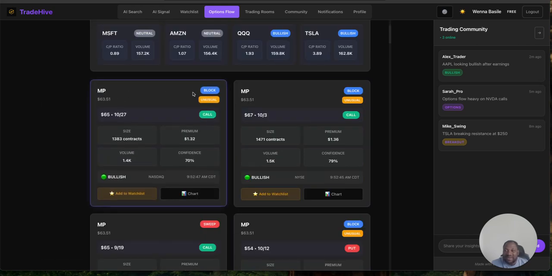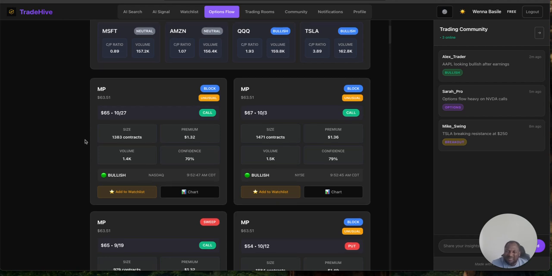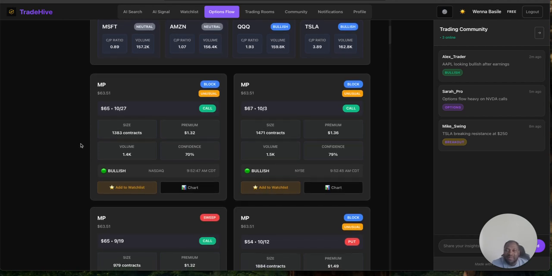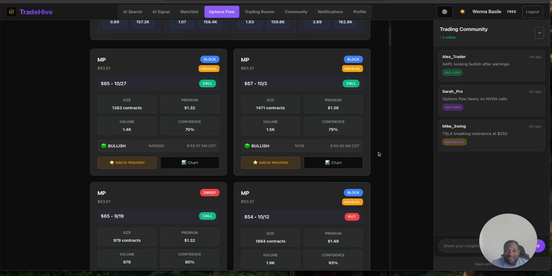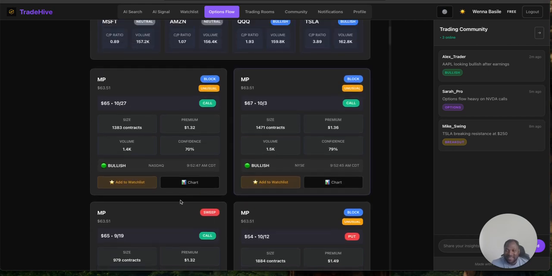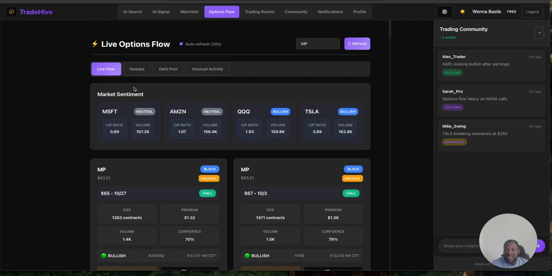This is a materials company called MP. Apple, I think, invests a lot of money in there because they're using the material to build iPhones and stuff like that. So look, with this stock, you can see everything that people are doing behind the scene. Bullish momentum, and you can also see unusual activities about this stock, if there's any.